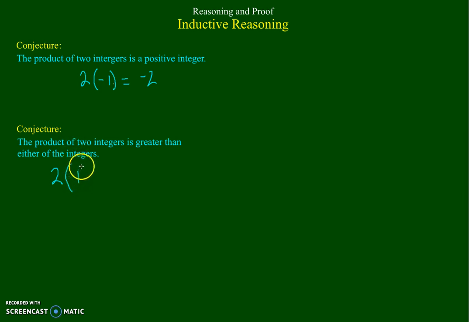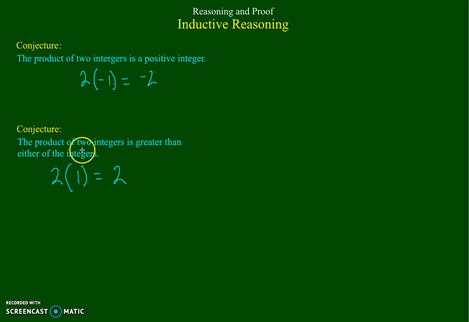Well, if I multiply 2 by the value of 1, 2 times 1 is just 2, and 2 is not greater than either of these 2 integers. It's equal to, therefore this would be a counterexample that disproves this conjecture.